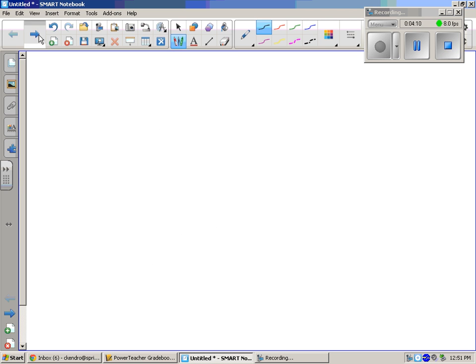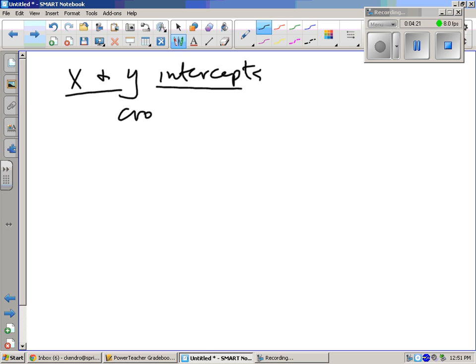Okay, next page, let's talk about the x and y intercepts. And the x and y intercepts are the points where they cross the x and y axis. Okay, and again, they're useful for when you want to try to graph. It's pretty much the same as when you have a line.